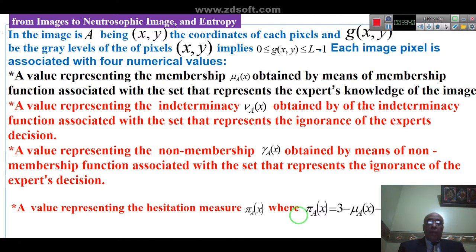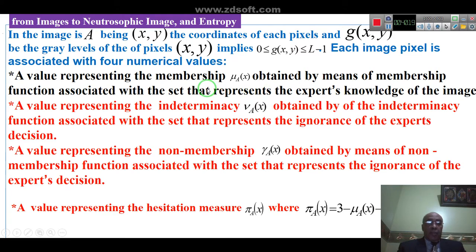Implies g(X,Y) is greater than or equal to 0, from 0 to L minus 1. Each image pixel is associated with 4 numerical values. The first value represents the membership mu of X, obtained by means of the membership function associated with the set that represents the expressed knowledge of the image.